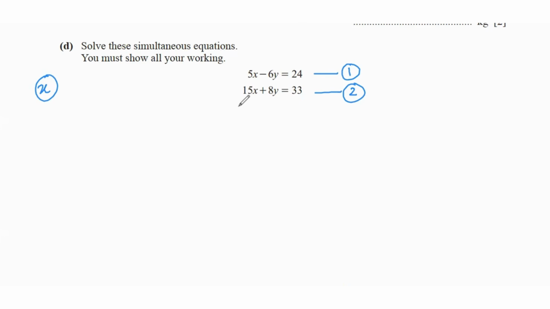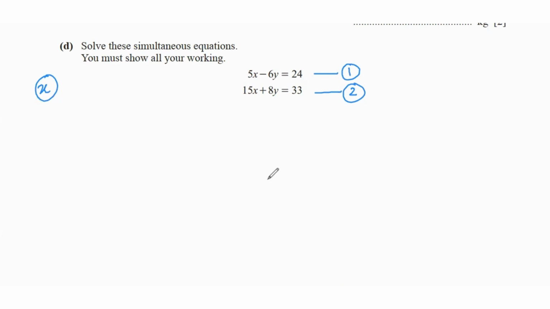However, for y, we have 6 in the first one and 8 in the second one. For both the equations, we'll have to multiply the first by 8 and the second by 6 so that the coefficient becomes 48 for y in both the equations. So your goal is to always save time and choose the path that makes it easier for you to solve the equation and be quicker as well.